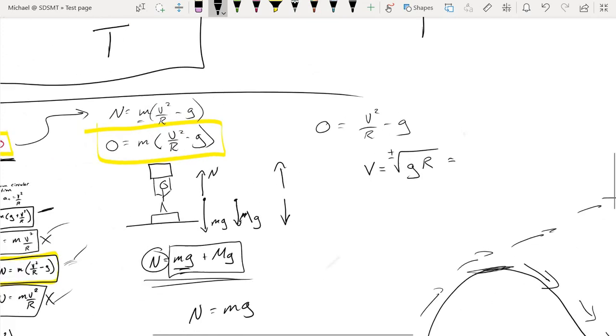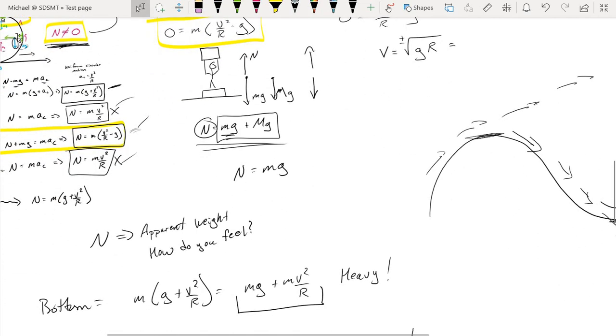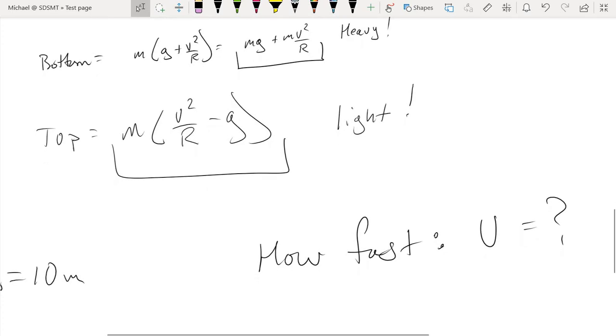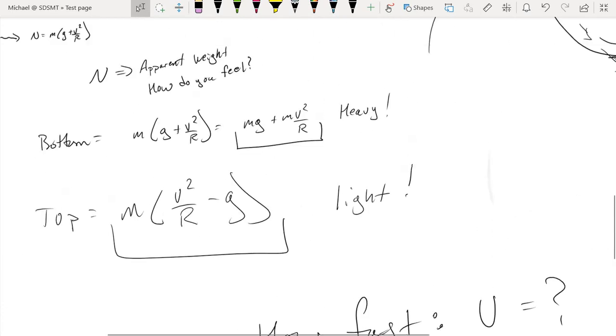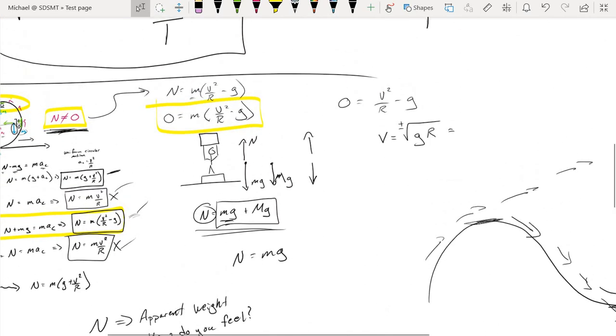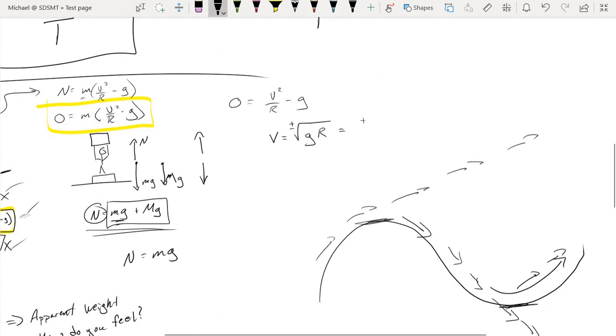And what did we say we had for a radius? 10 meters. I think I had it down here somewhere. Yep. Radius of 10 meters, how fast do we have to go? So we'll plug in 9.8 and 10. And that's basically the square root of 100. It's a little bit less, but we'll put that into our calculator.